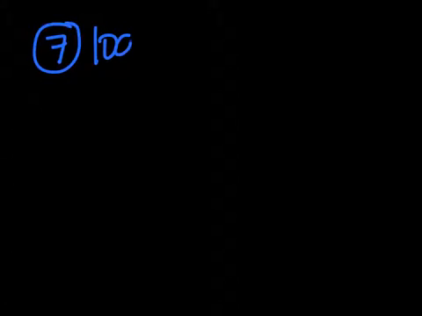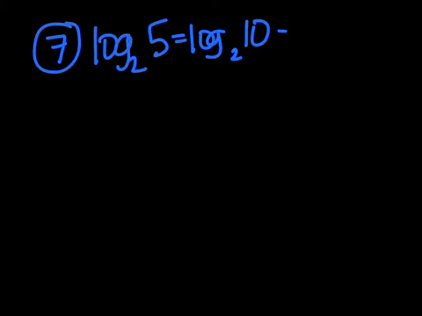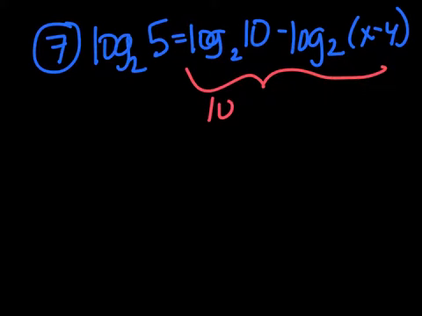Number 7. Log base 2 of 5 equals log base 2 of 10 minus log base 2 of x minus 4. So I'm going to condense this side into one log.